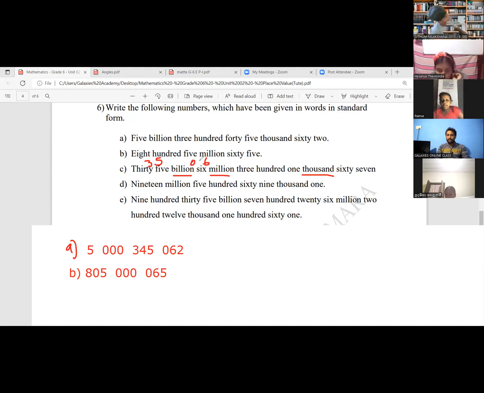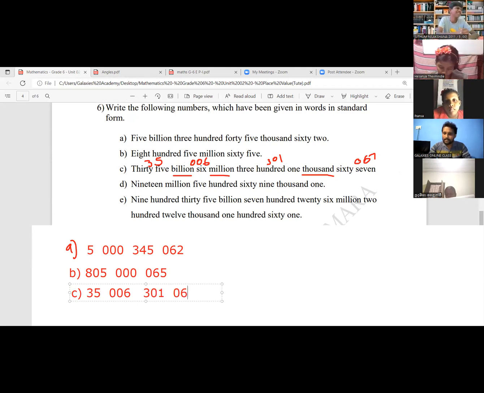So you have to complete 3 digits, double zeros you can put in front of the 6. 301, 67. Okay, then you can write the answer. Part C, 35 space 006 space 301 space 067. That's the answer.